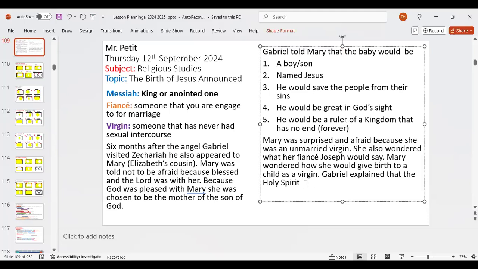Gabriel explained that the Holy Spirit would allow her to become pregnant, and it would be a miracle. So it'd be a miracle, right?